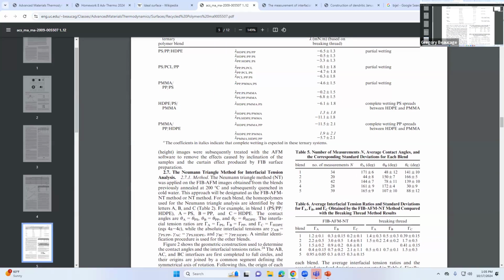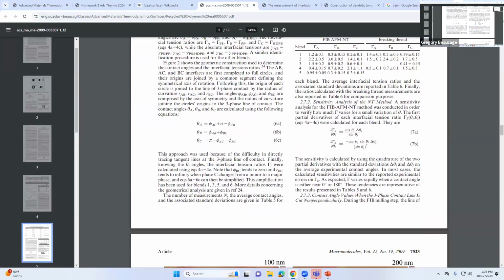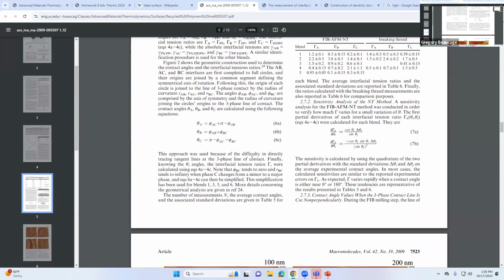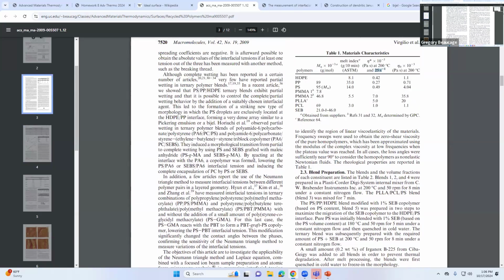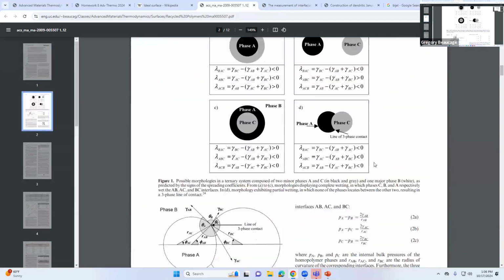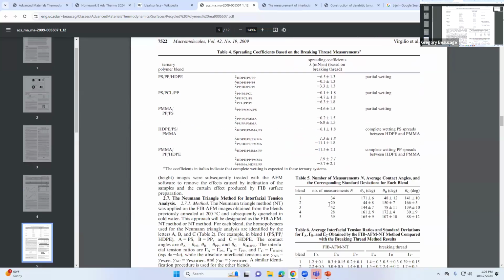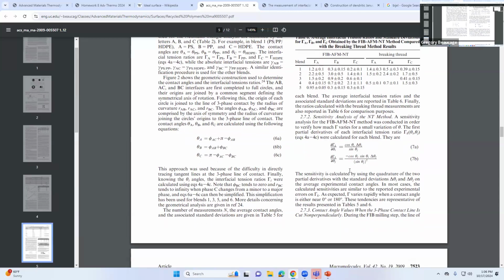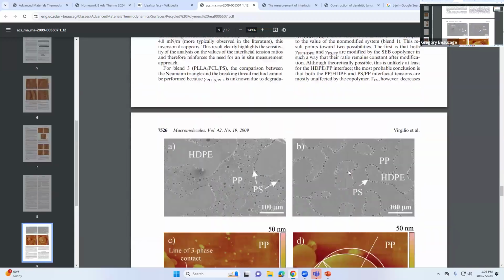So he compares the methods in here in a table. Someplace it's got a table where he compares the breaking fiber method with the Newman method for the surface tensions. They don't even call it fiber, they just call it thread.